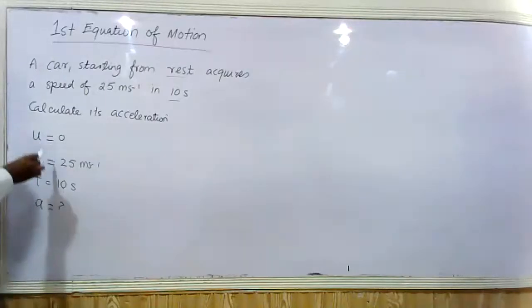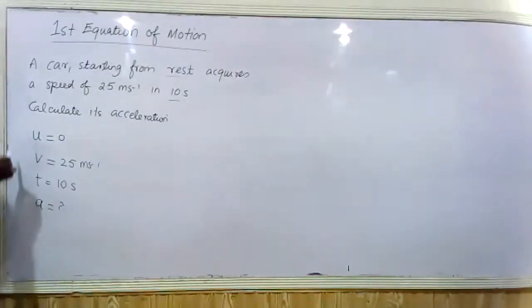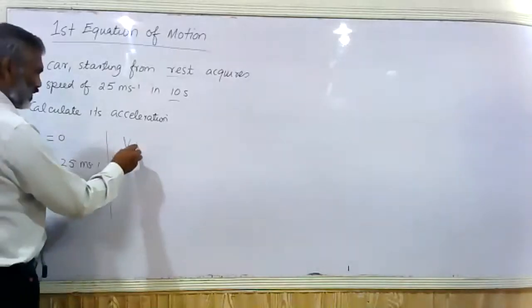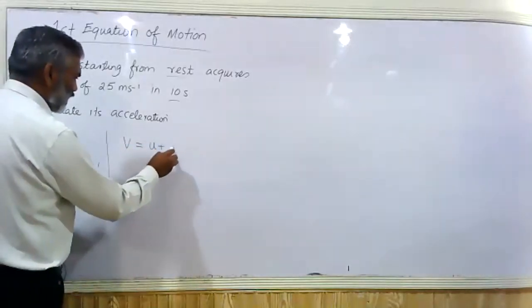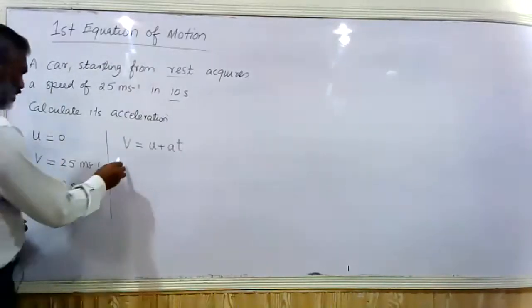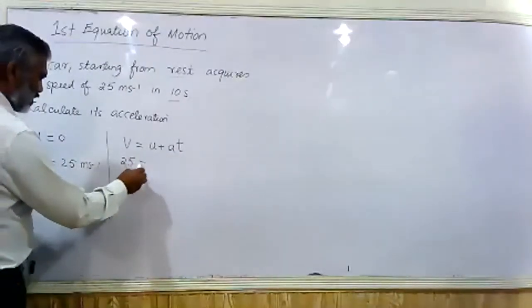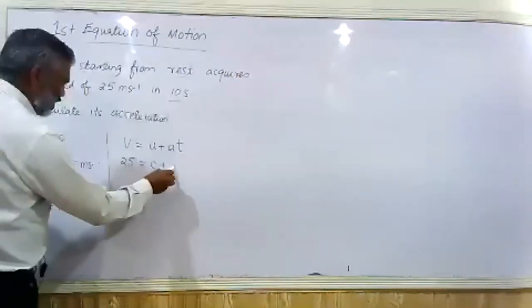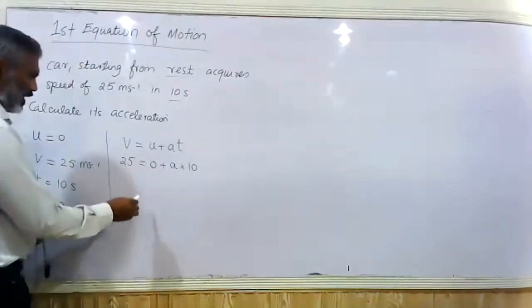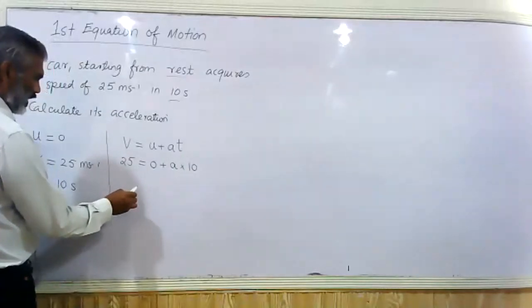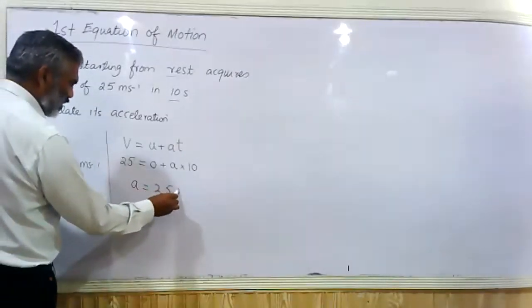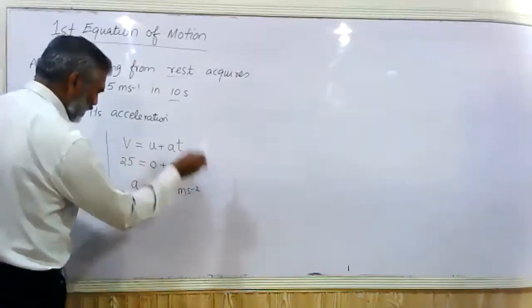Now if you look closely at all these quantities, they fit very well into the equation v is equal to u plus at. So this is 25, this is 0, this is to be found, and time is 10 seconds. When you rearrange all this, a is equal to 2.5 meters per second squared.